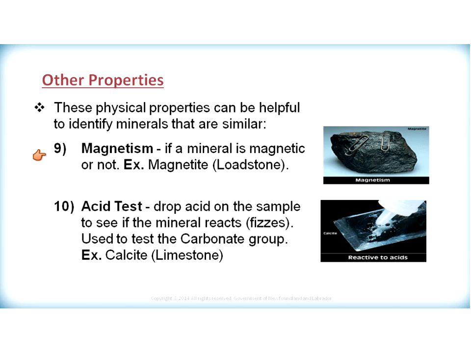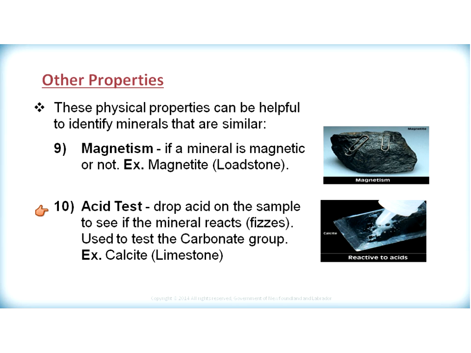Another mineral property that can be used is magnetism. If a mineral is magnetic, it can have things stick to it, much like paper clips, as we see in the diagram to the right. So magnetism could be a prime mineral property that some minerals could possess, such as lodestone or magnetite.